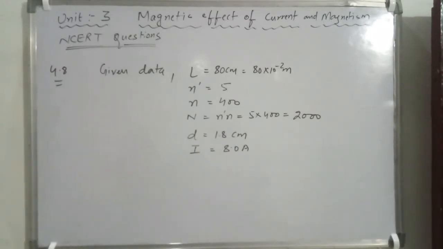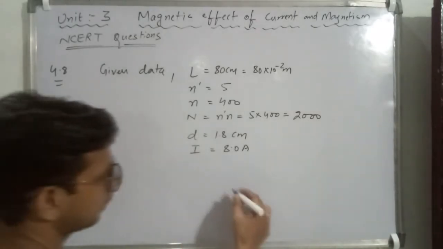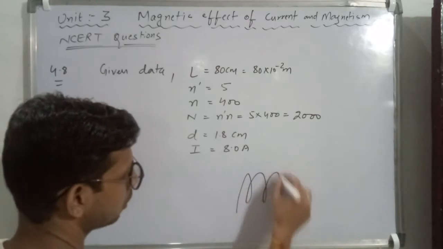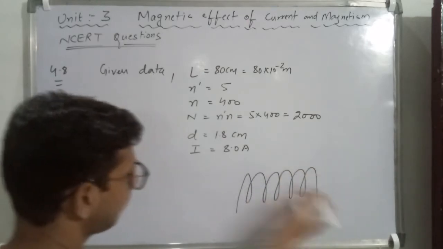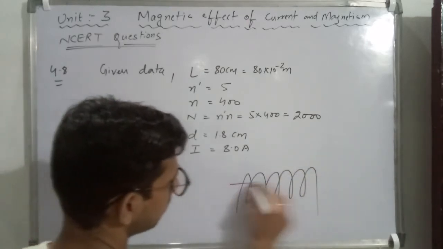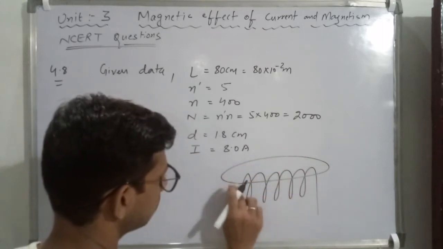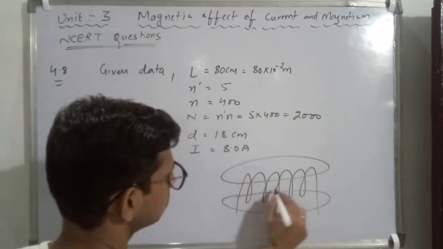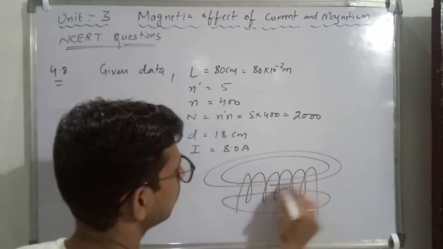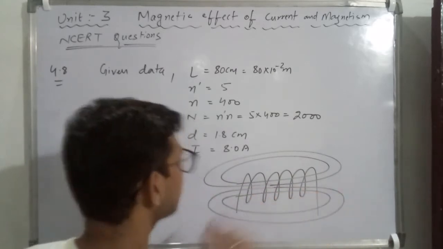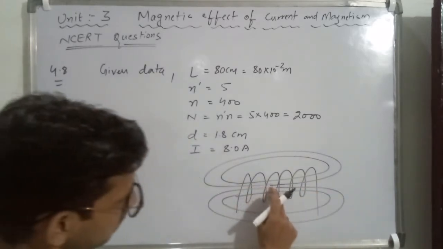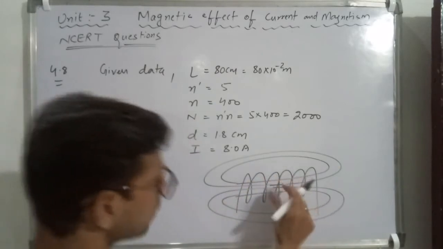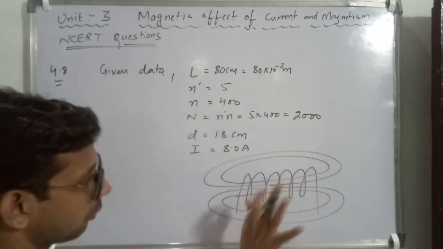Okay, so this is the topic of magnetic field at the center of a solenoid. Student, first of all, the basic. As we know, in a solenoid, the pattern of a magnetic field is just like that. This is the pattern of magnetic field. And the magnetic field near the center or within the solenoid is maximum, and it is uniform.